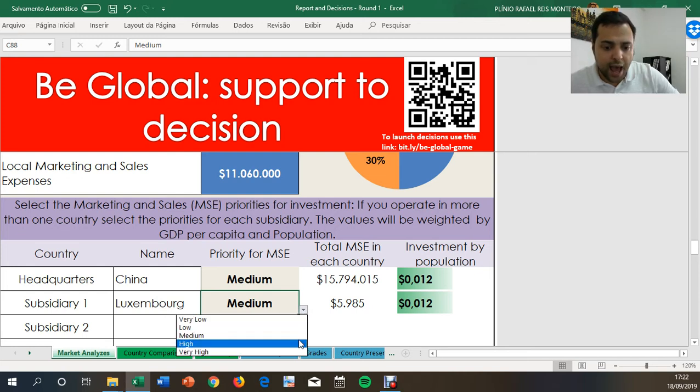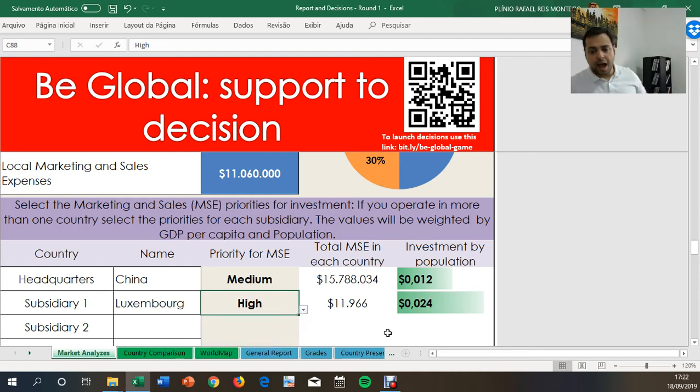So I can choose a high level, for instance, and now you can see that I'm doubling the priority. So for each citizen in Luxembourg, I'm investing about 2.4 cents of dollar, while in China I'm investing just 1.2.